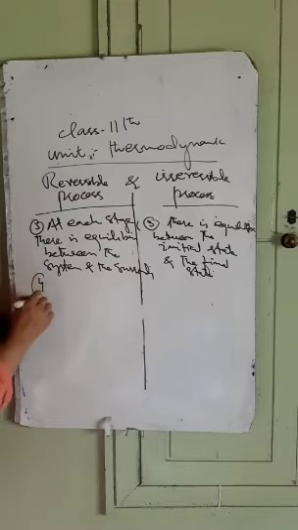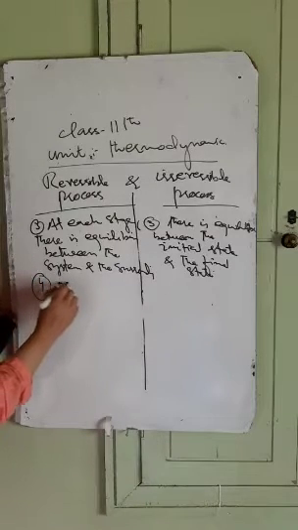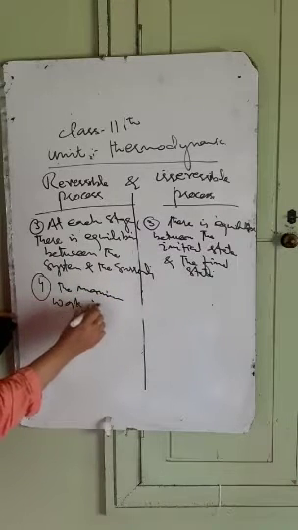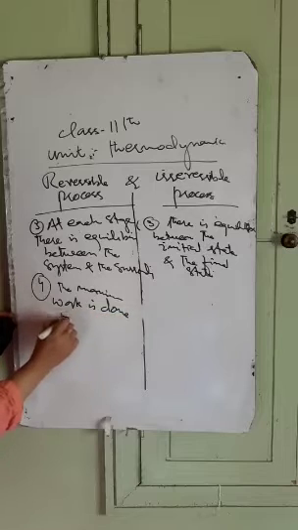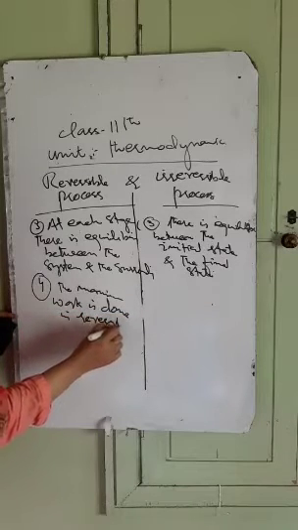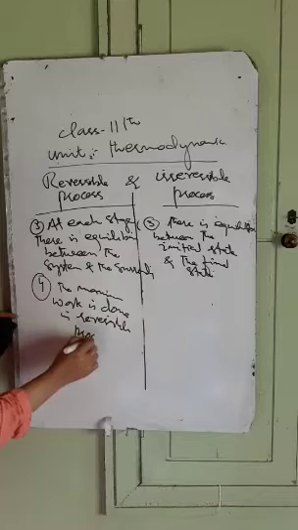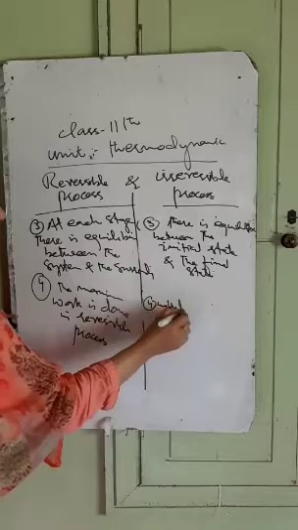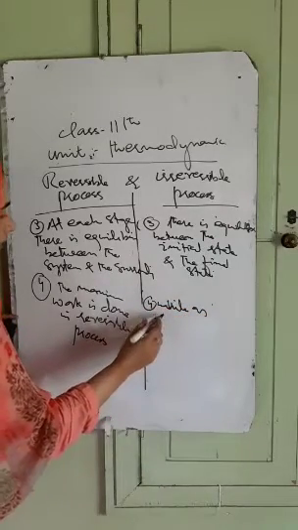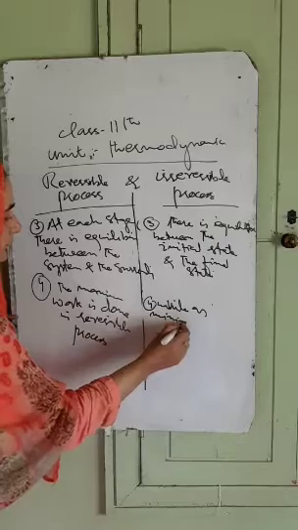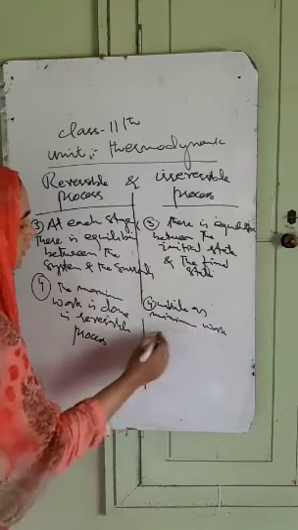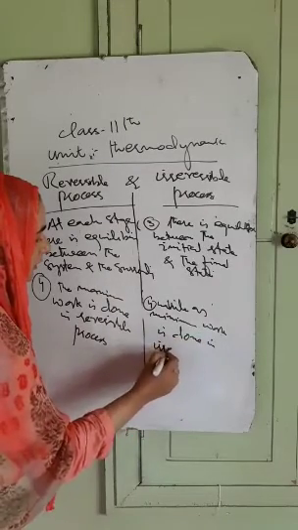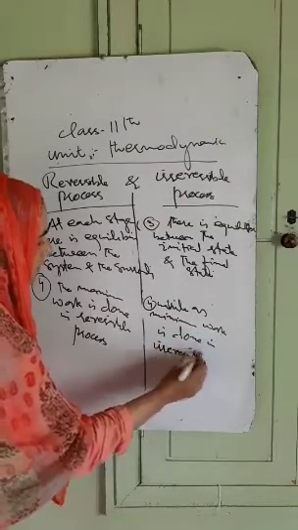Number 4th point, that is, the maximum work is done in reversible process, while minimum work is done in irreversible processes.